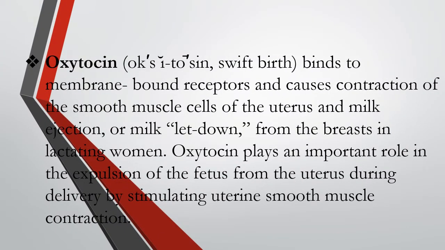While the second hormone, called your oxytocin, as we already discussed, no, ang kanyang effect is on the smooth muscles of the uterus. So increasing uterine contraction and milk ejection or milk letdown. That's the effect of this hormone to the mammary glands. Okay?